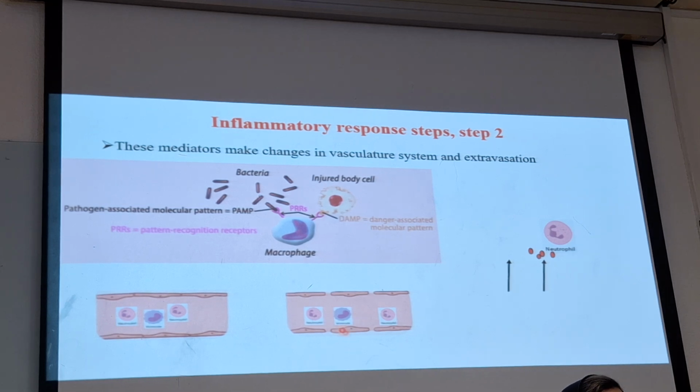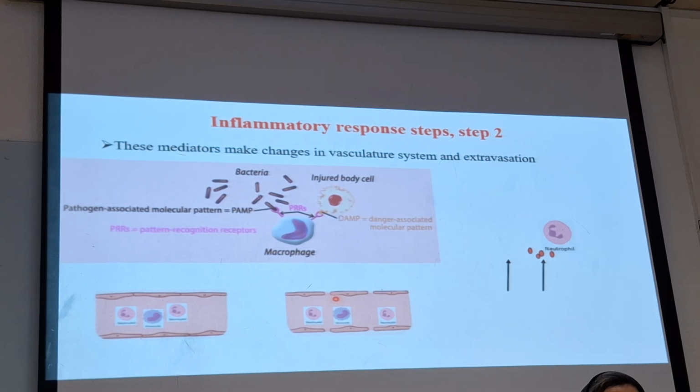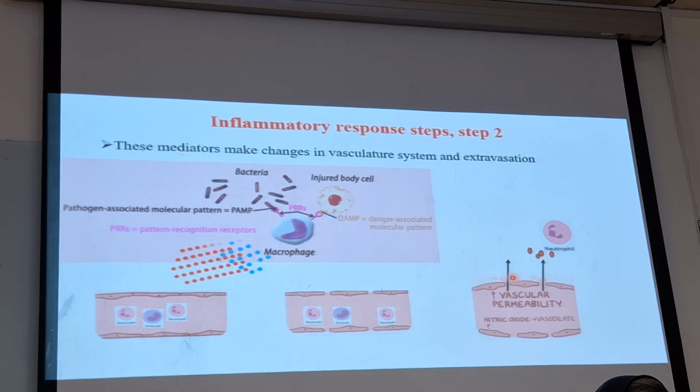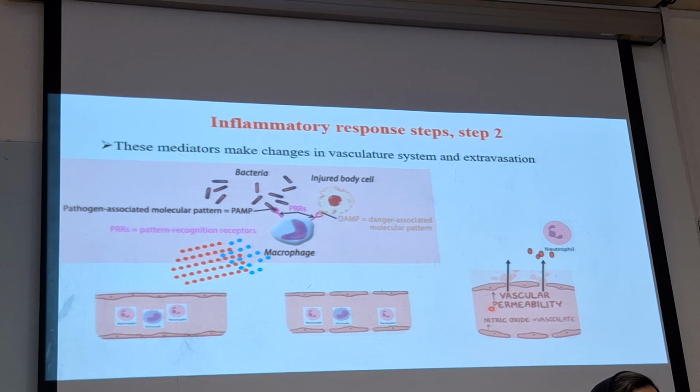And also I told you nitric oxide affects endothelial cells and leads to increased permeability, and the condition is prepared for extravasation of leukocytes to the extravascular site of tissue. So, as you are seeing, these mediators affect endothelial cells. For example, interleukin 1, interleukin 6, and TNF affect endothelial cells and increase expression of some adhesion molecules.